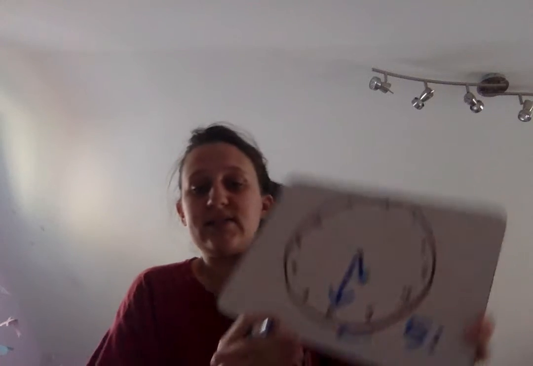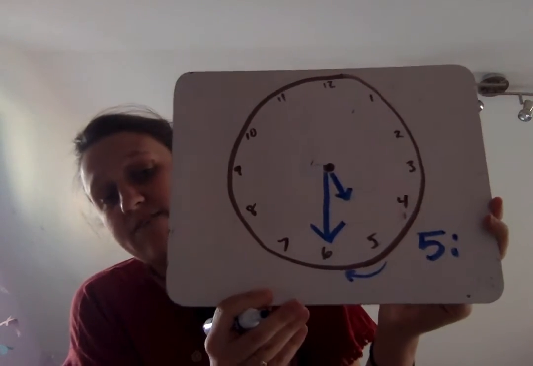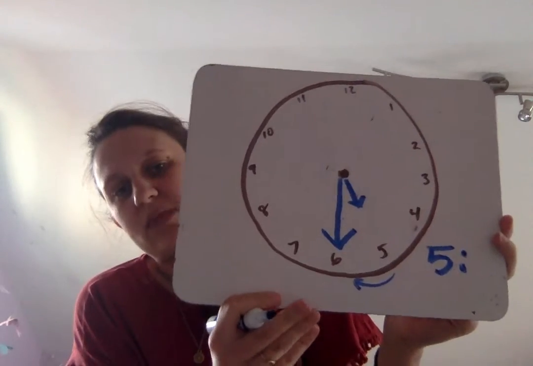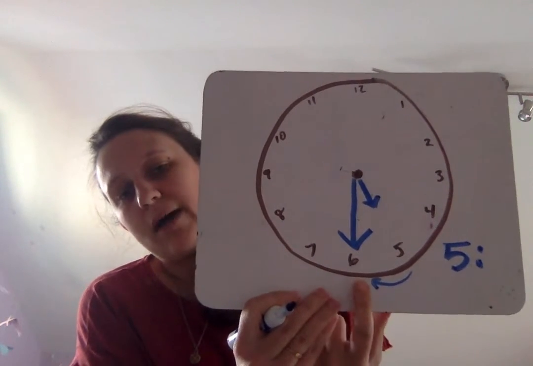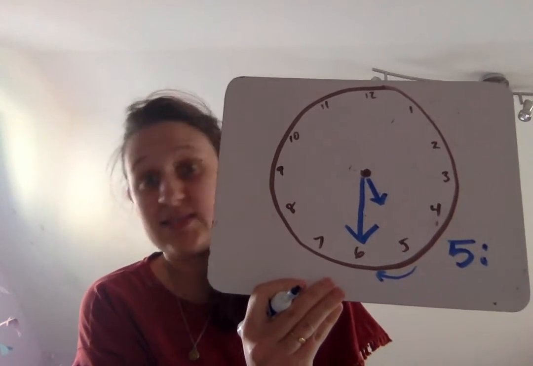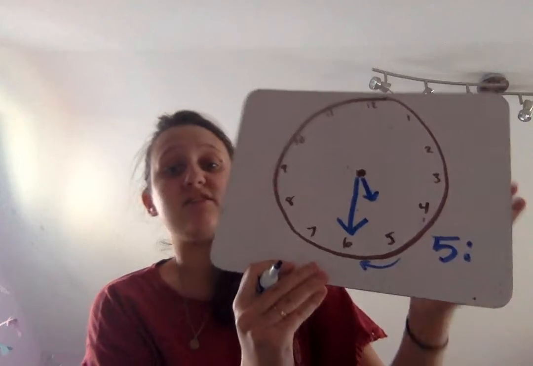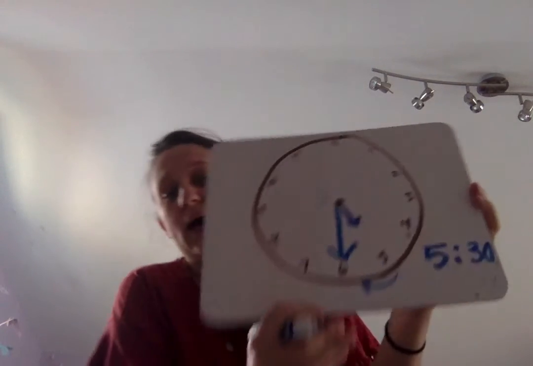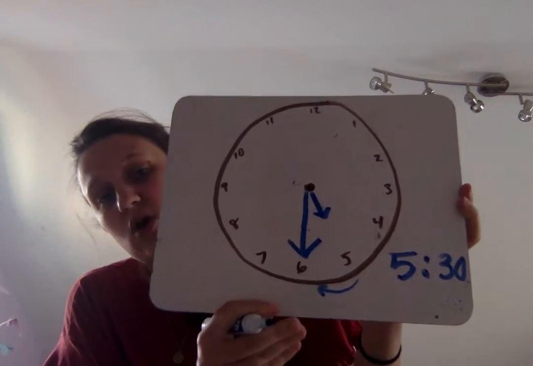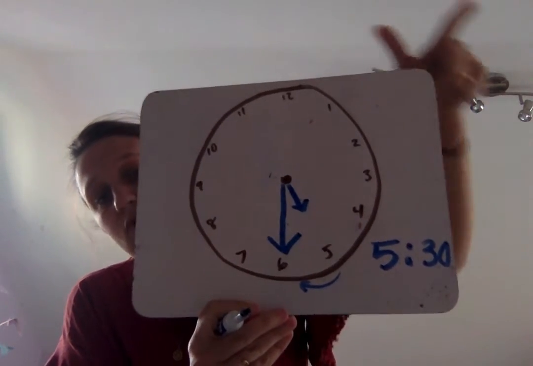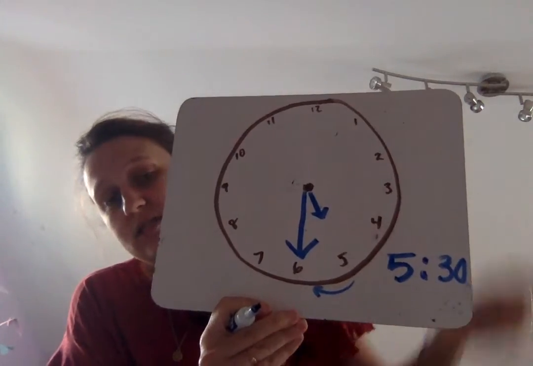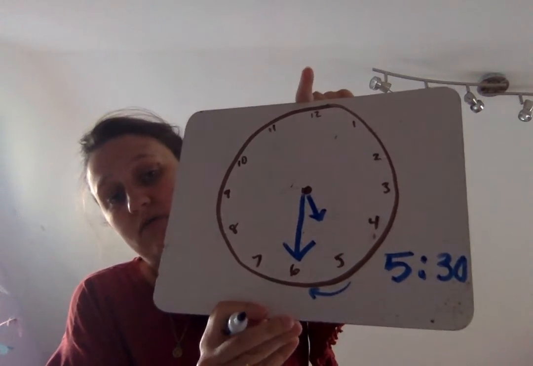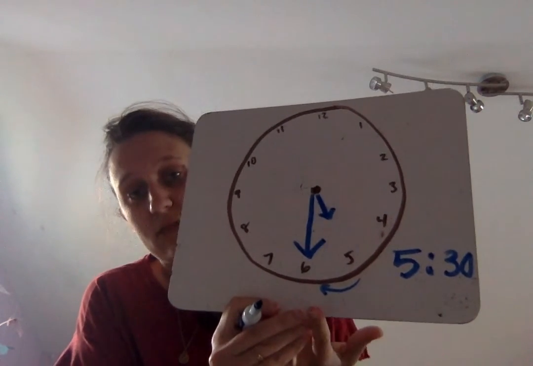As long as it's in between that 5 and 6, we know it's 5 something. But this one, that big hand is pointing at the 6. It's not 5:06. It's 5:30 because we've gone halfway, and an hour is 60 minutes. We're halfway from the 12 to the 6. So it went from 5 o'clock to 5:30.